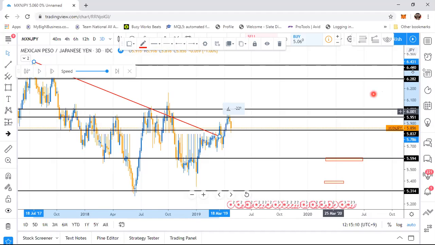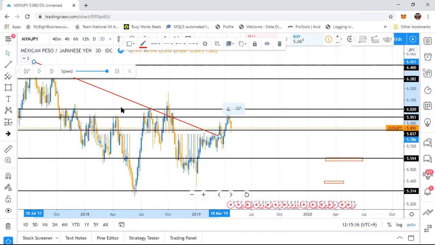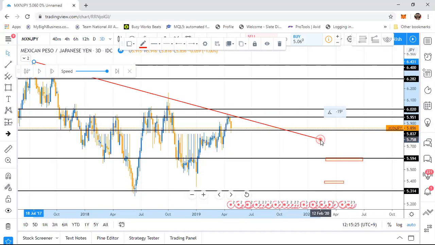Anybody got a question? And we just adjust as price moves, keep going. All right, pull it over, extend it here, using a trend line and support and resistance.